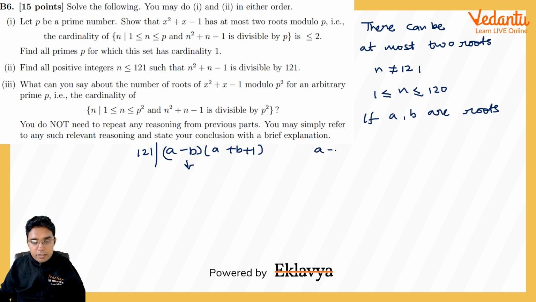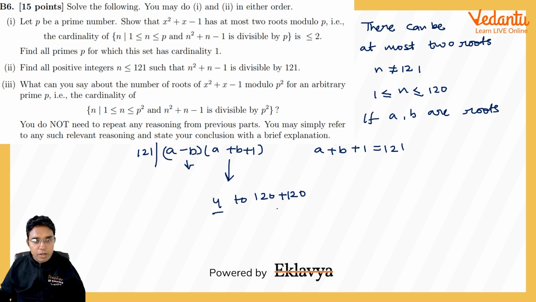So this a plus b plus 1 has to be 121. Again, same logic, a plus b plus 1 will be within a maximum value of 120 plus 120, that is 240, if they are different, and the least value will be 4.